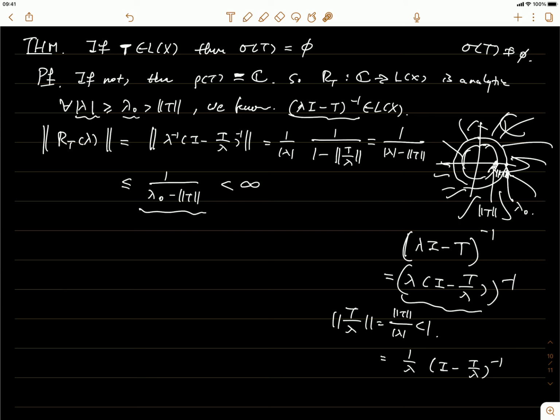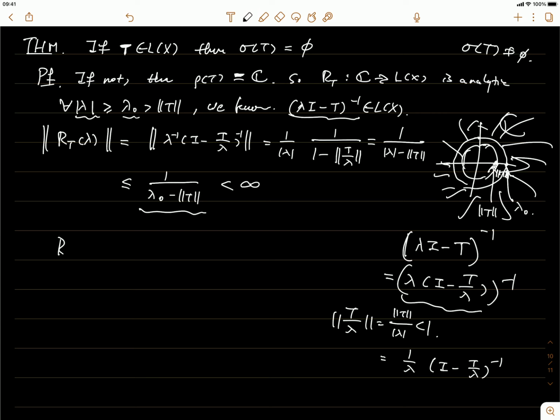Inside, because the resolvent R_T is a continuous function and this is a compact domain, a continuous function defined on a compact domain must reach its maximum and minimum. So that means inside it is also bounded. And this implies that R_T is bounded in the whole complex plane.